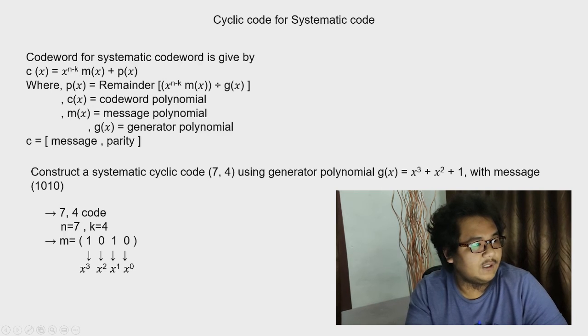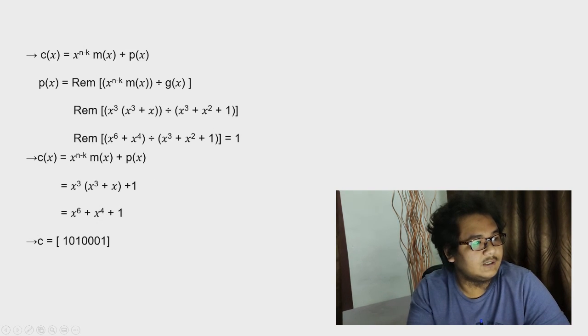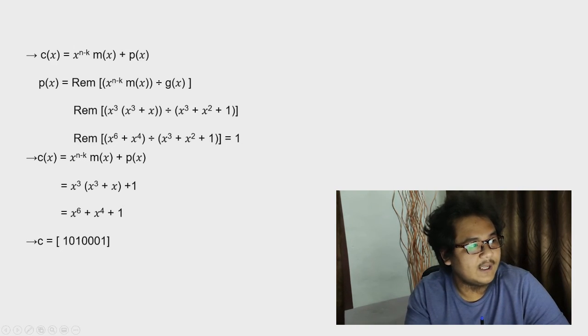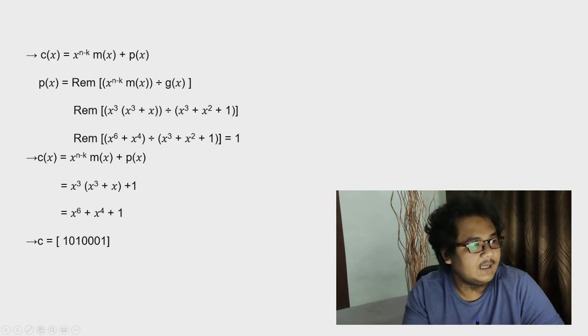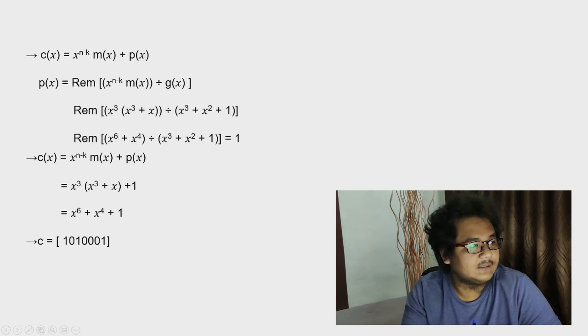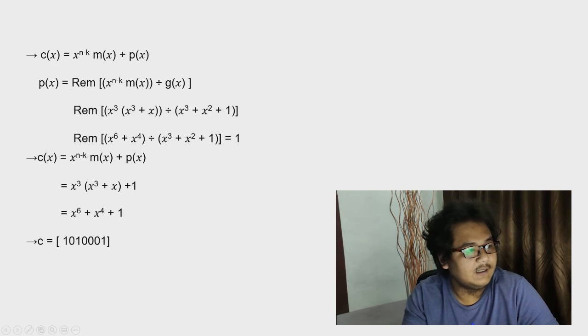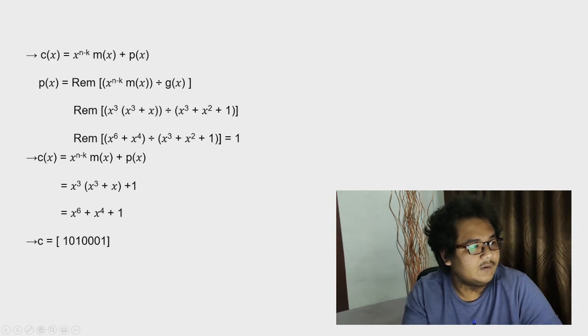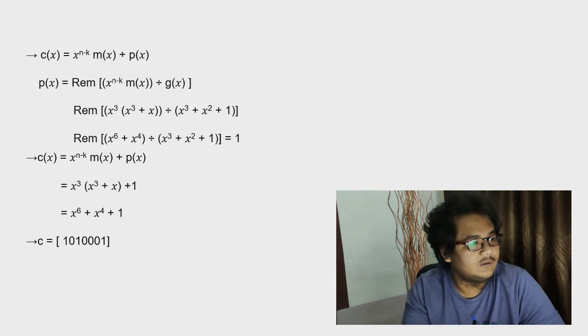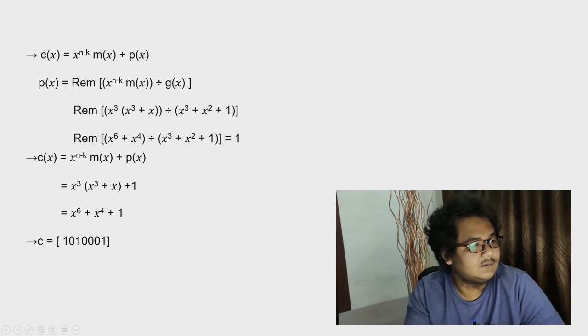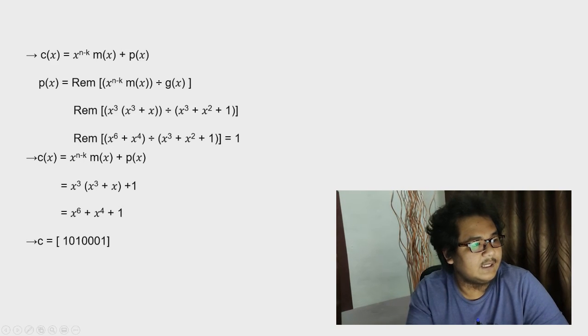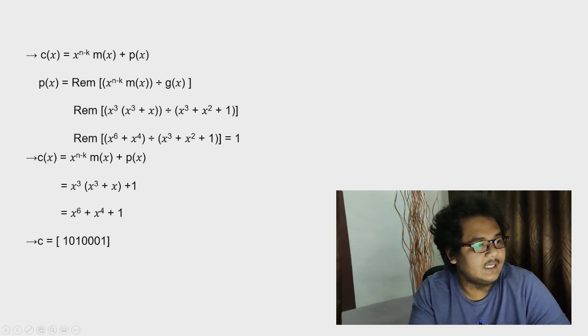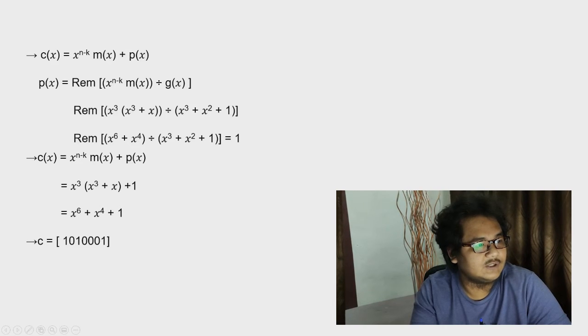Then we go through the equation, which is c(x) equals x to the power of n minus k times m(x) plus p(x). So p(x) is the remainder of x to the power of n minus k times m(x) divided by g(x). Then we substitute: x to the n minus k is x cubed, m(x) is x cubed plus x, and g(x) is x cubed plus x squared plus 1.